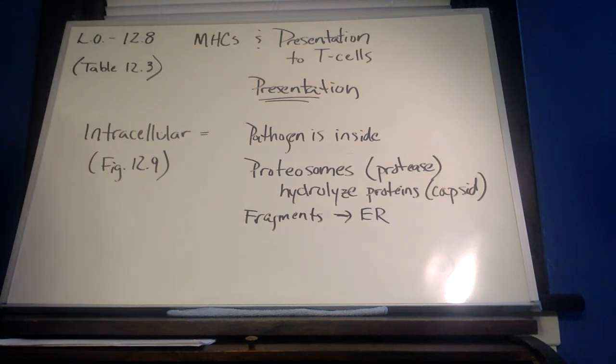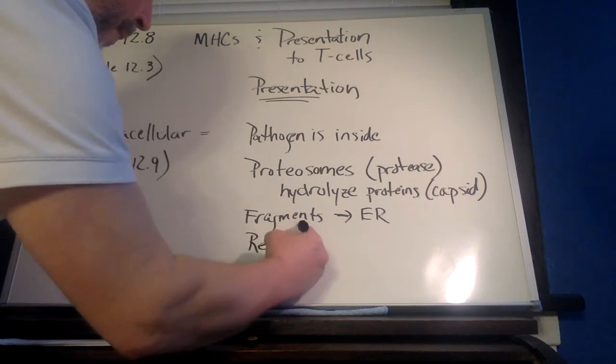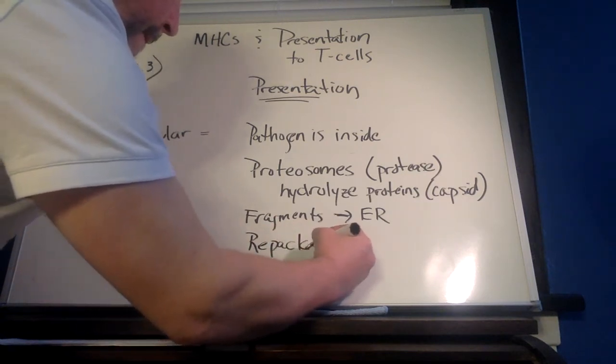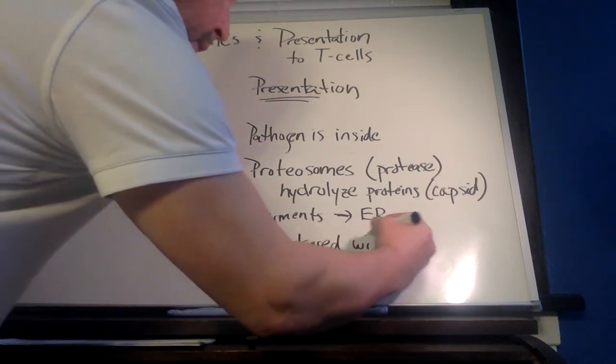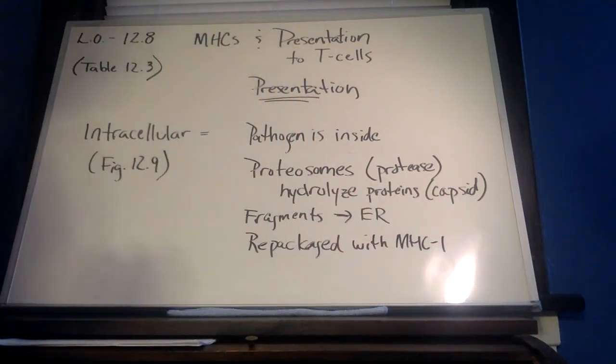Now that's not the emergency room. So if you remember back to your intro bio for eukaryotic cells, the ER is that endoplasmic reticulum. You have a smooth endoplasmic reticulum and you have a rough endoplasmic reticulum. We're not really worried about which one of those, but we do take it over there. As it's in the ER, it then gets repackaged with an MHC1 protein.